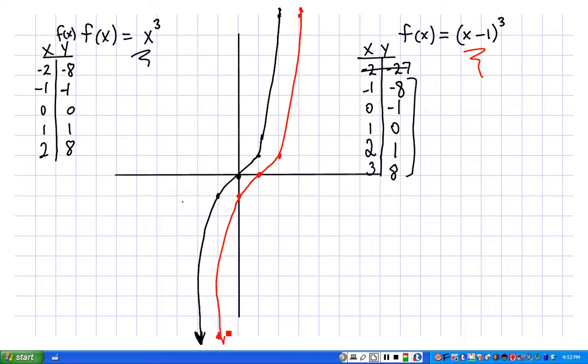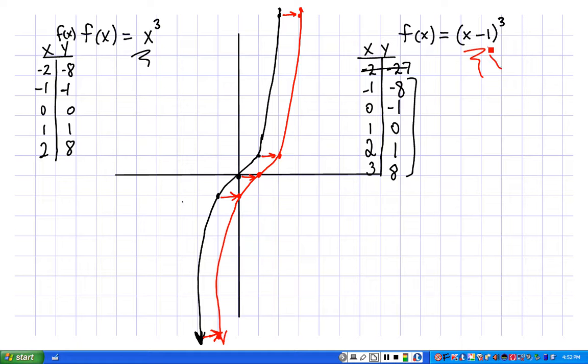Alright. So if you notice now, instead of me taking my parent graph and shifting it up or down, now the parent graph actually got shifted over to the right 1 unit. Each point shifted over to the right 1 unit.